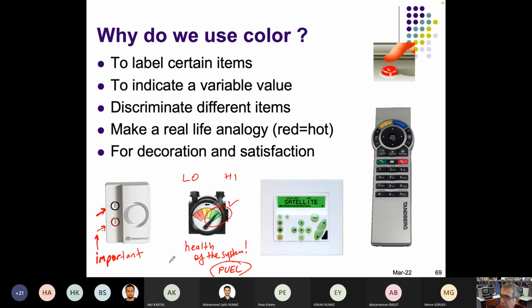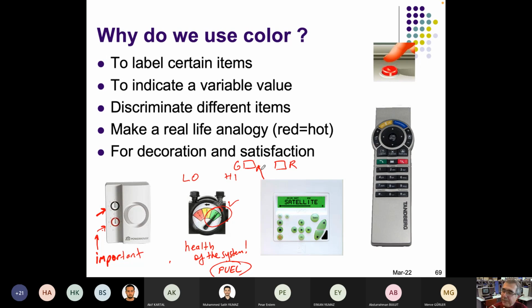So you put green on the left, and red to the right. So if the needle goes from green to red, that means, like, the reactor temperature is increasing, or pressure is increasing. So it is becoming dangerous.